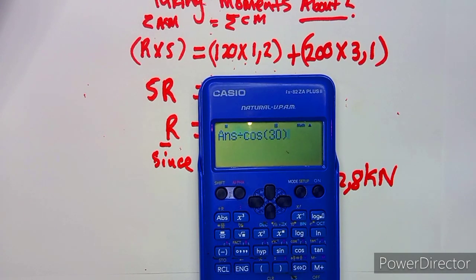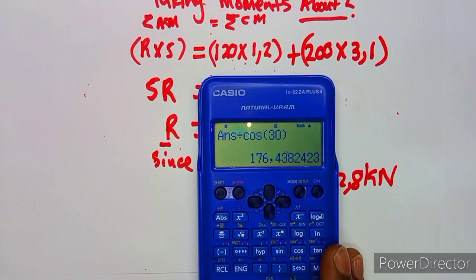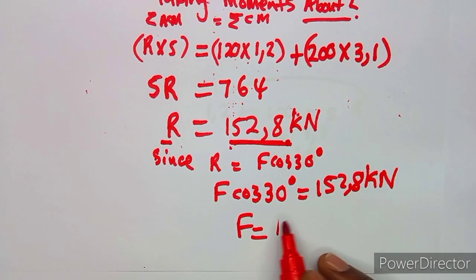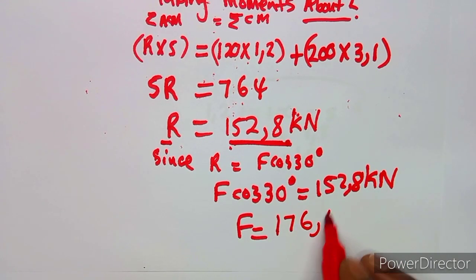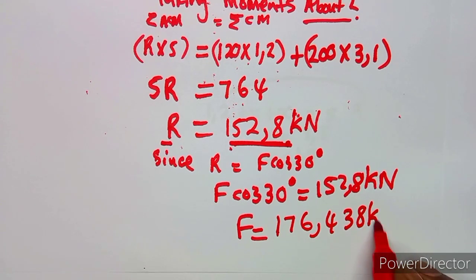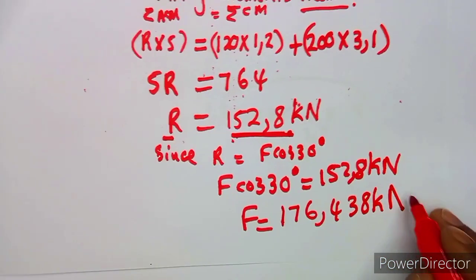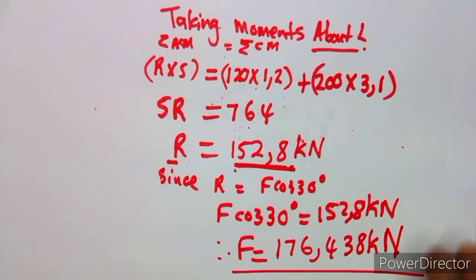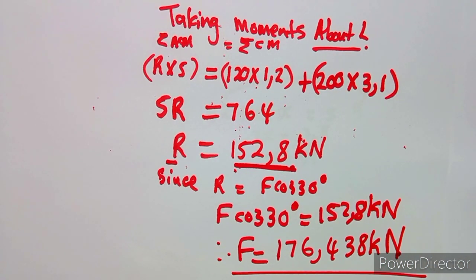All right, we close this bracket, which is going to give us 176,438 kilonewtons. So therefore, that is the F that we are given to calculate, which is the turning moment about that point that we are given.